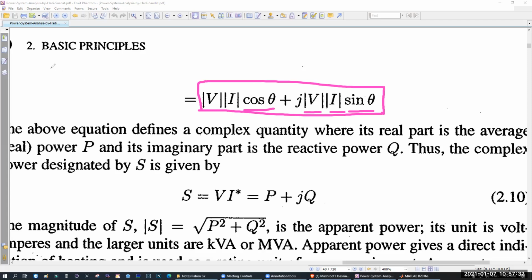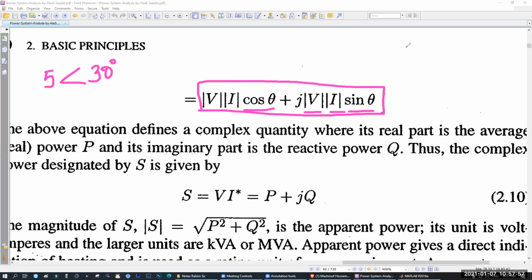Okay, let me show you. 5 angle, let's say 30 degree. This is a complex number, right? A complex number can be written in two forms.